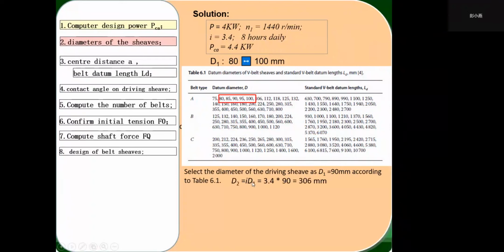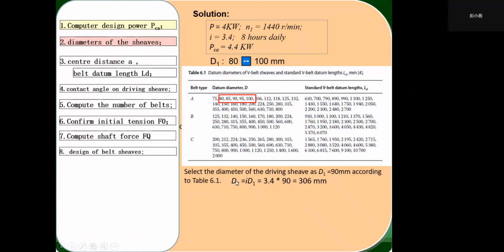And then calculate D2, the diameter for the driven pulley. D2 is approximately equal to speed ratio times D1. We know speed ratio i is 3.4, and we select D1 is 90, so the calculated D2 is 306 millimeter.